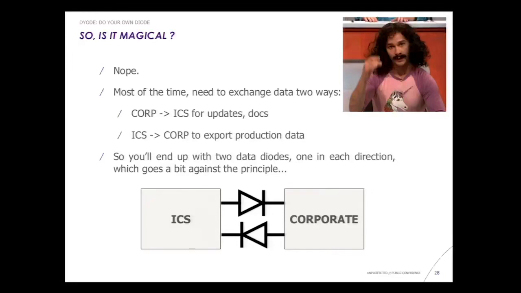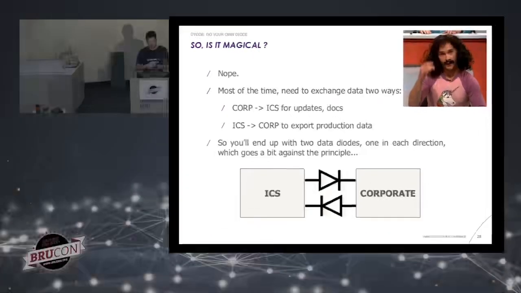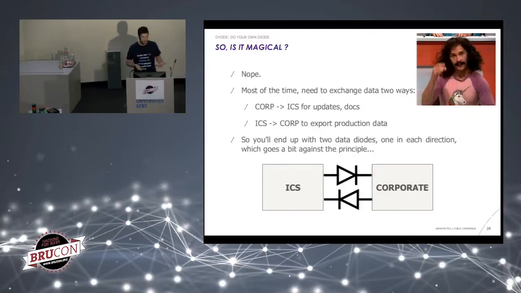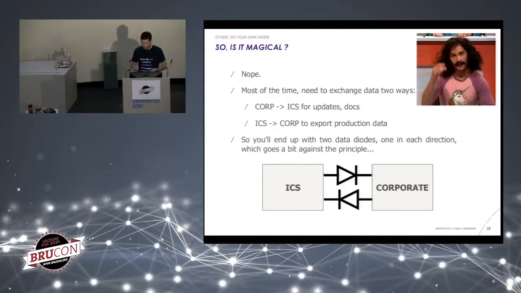Most of the time, in an ICS, you will need to get some information out, for example, production data that you want to give to a partner or to the corporate network, but also you will need to get some data in, for example, security updates for the software, PDFs that the people working in the factory have to read to perform their action.